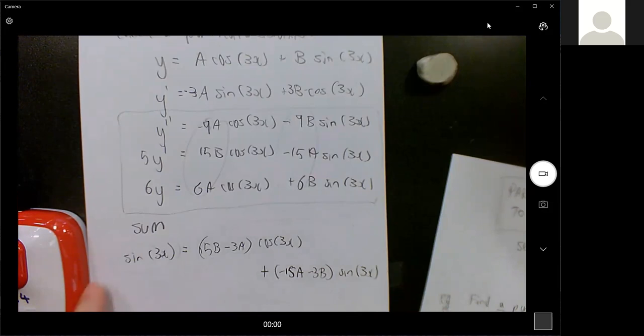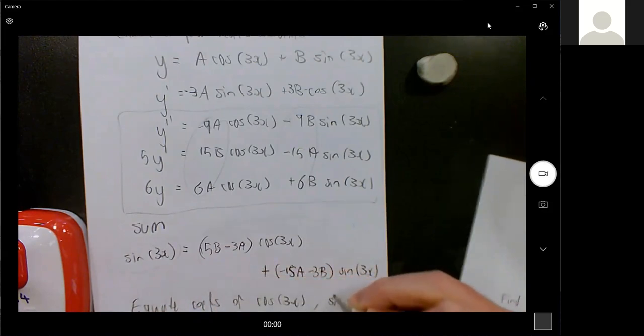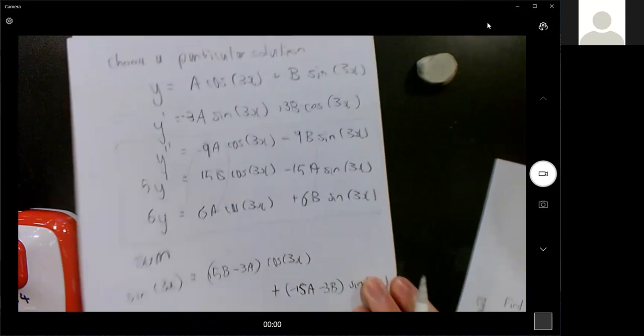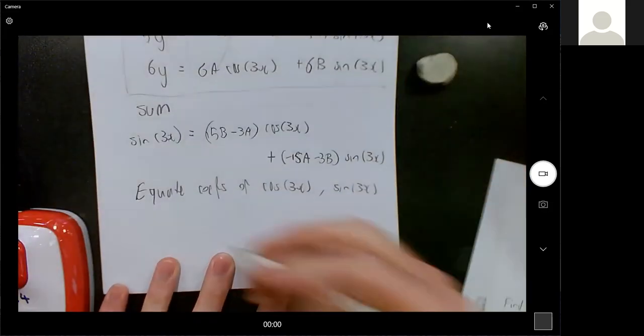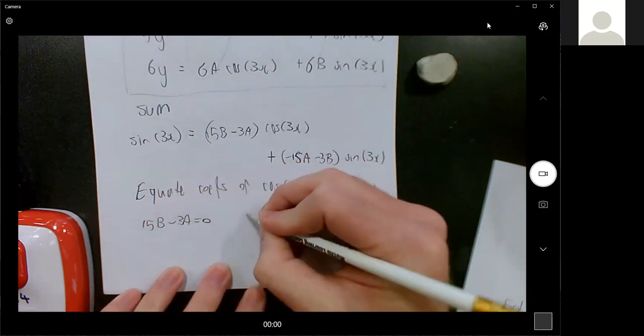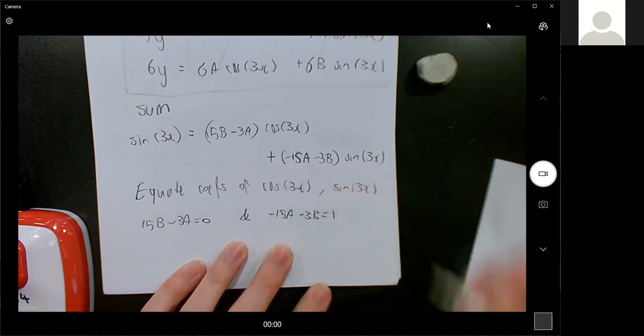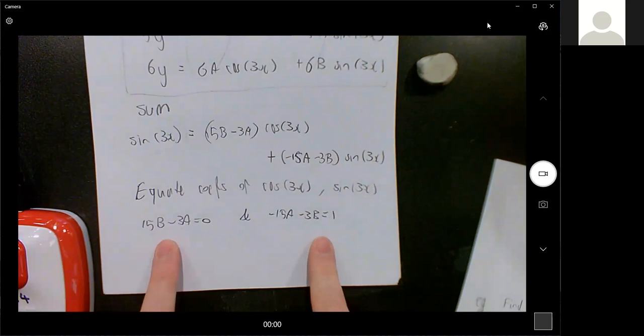Since there are no cos x's here, this must be 0. So I must have that 15b minus 3a is 0, and minus 15a minus 3b must be 1. That's two equations and two unknowns, which is enough information to figure out what a and b have to be.